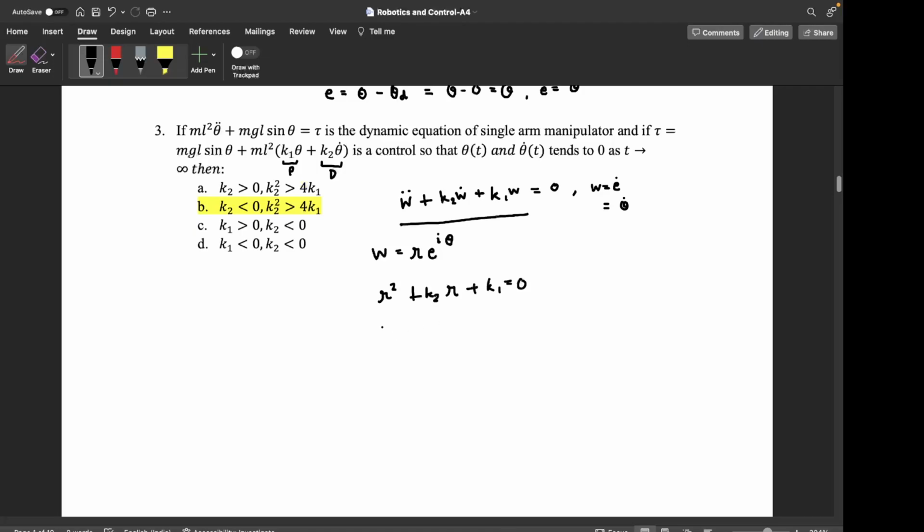Okay, so again we write the solution for r. This will be minus b by 2a plus minus under root b square minus 4ac.